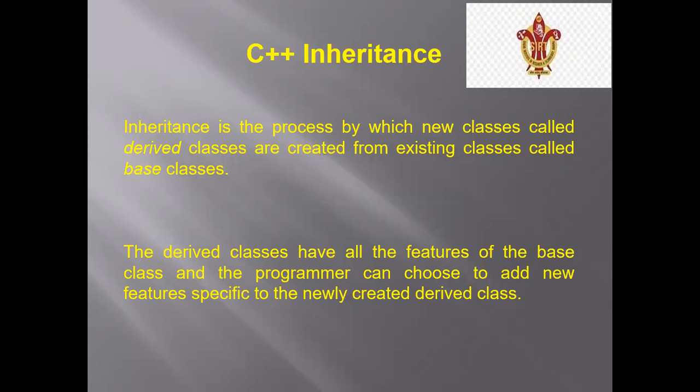So the derived class has one added feature: it can inherit all the properties of the base class, and if it wants to add some new features in its class, the derived class can have that added special feature also, that it can extend different features in that derived class.